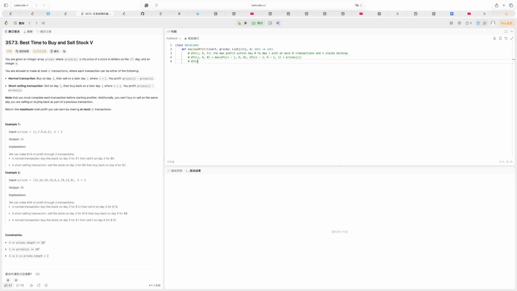And for dfs(i, k, 1), it will be kind of the same, but we will have previously holding one stock, and previously holding 0 stock with buying one stock today. So it will be 0, and then buying it will be 1.